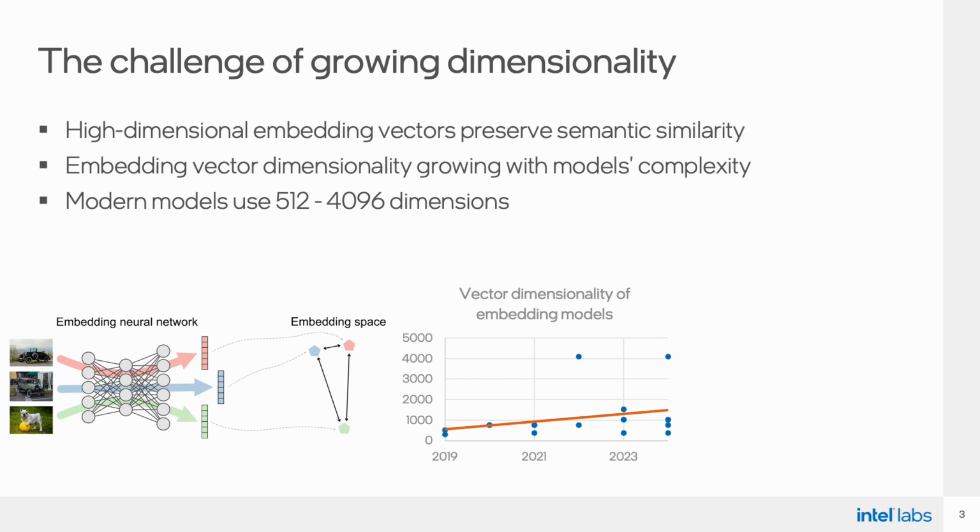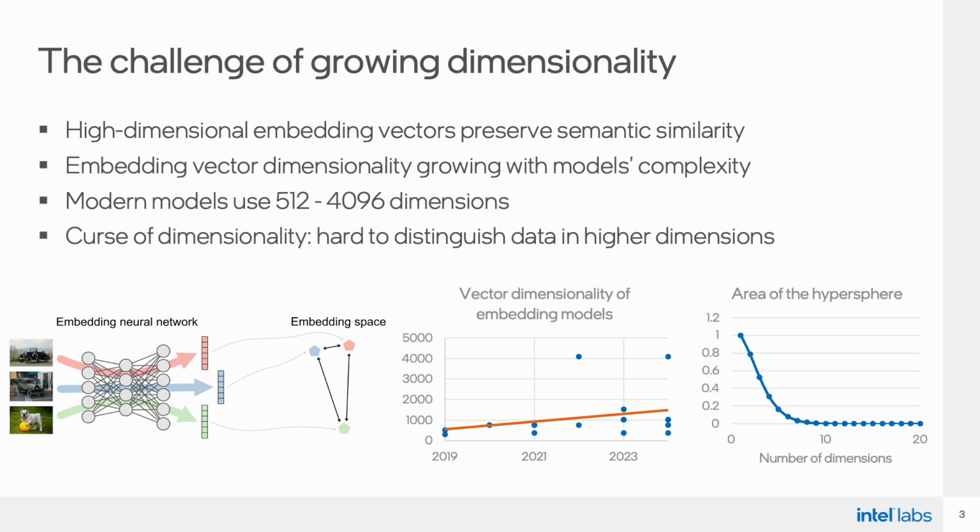Over the past 5 years, we have seen the average dimensionality increase from 500 dimensions to 1500 dimensions, with larger models using 4,000 dimensions or even higher numbers. This exacerbates the curse of dimensionality, where it is very hard to dissect the space to perform surgical searches and achieve great speeds for similarity search.